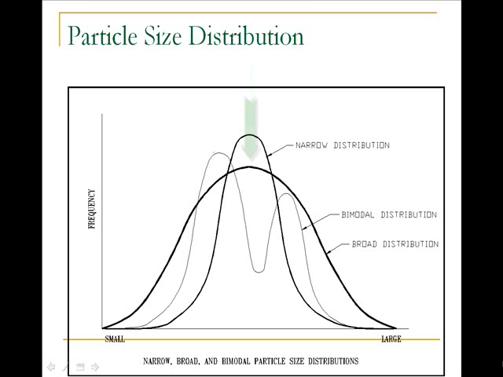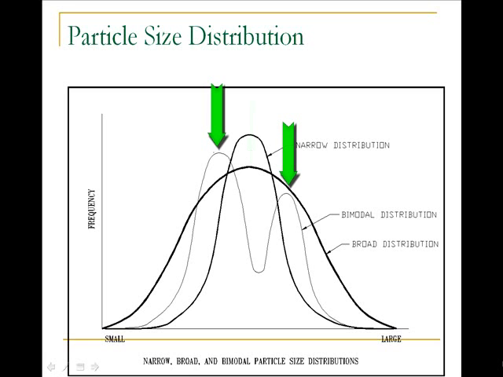We compare that to the broad distribution. We see that it has the same average distribution, but the values are more spread out. There's more values that are towards the smallest end of the scale and towards the largest end of the scale. So there's more variation in the particle size in that particular kind of distribution.